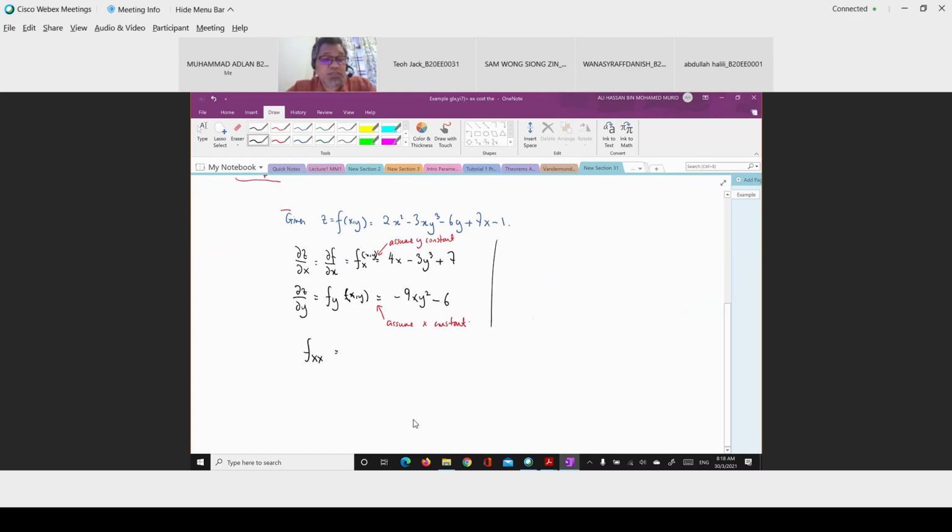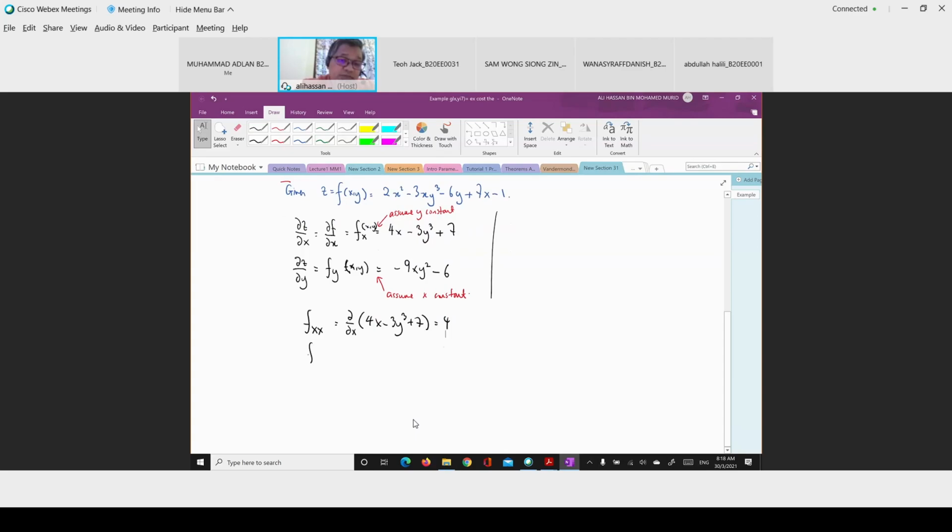We have found f partial x, so what is the partial of f partial x with respect to x? It means we want to find the partial derivative of 4x minus 3y cubed plus 7, so the answer is 4.